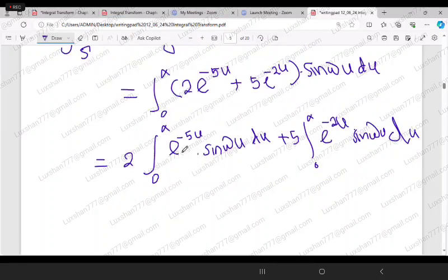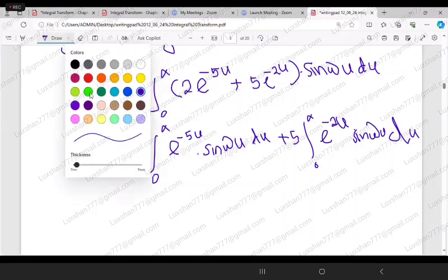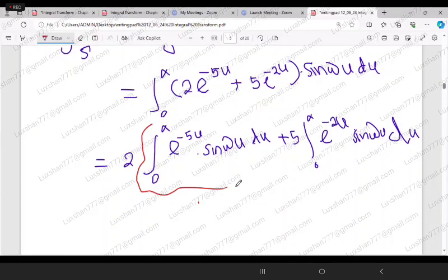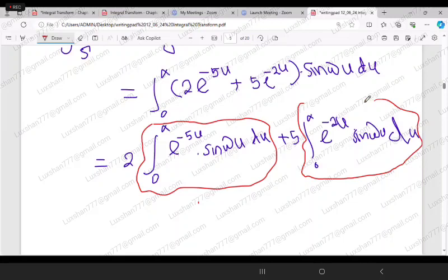Now, this integration reminds me of something. What is that? Can anybody tell me? The integral from 0 to infinity of e to the power minus 5u sine lambda u, where the variable is u instead of t. What is this actually? Yesterday also I told you.